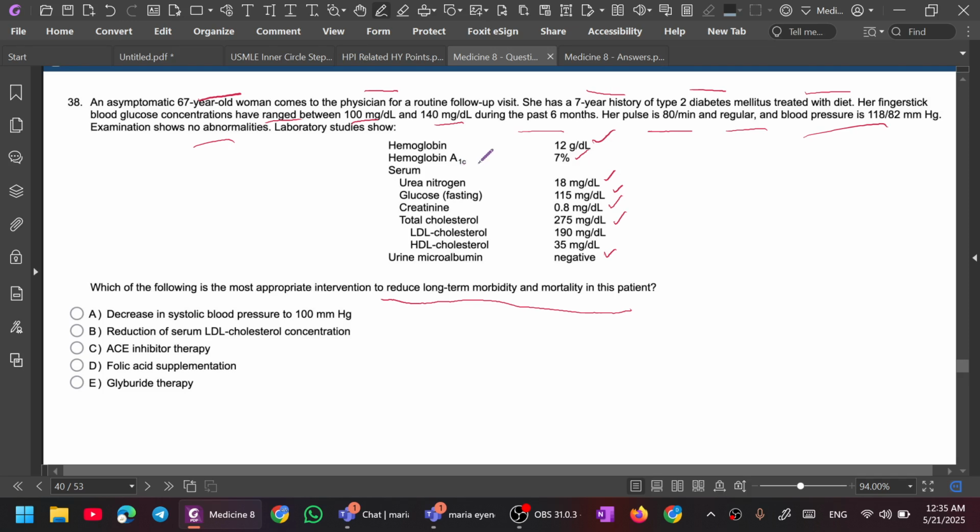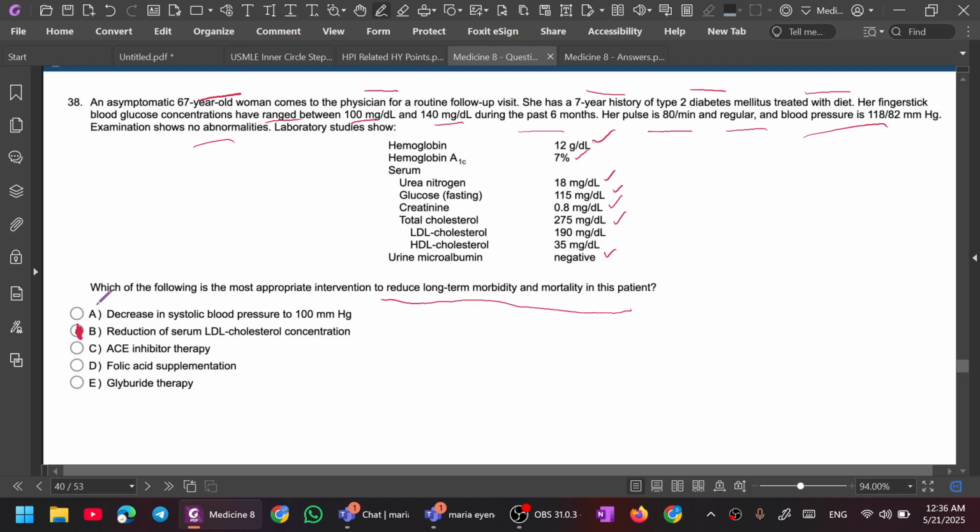HbA1c is quite okay. BP is also normal. LDL is more than 100. I am confused between B and C. LDL is 190, so it is high.